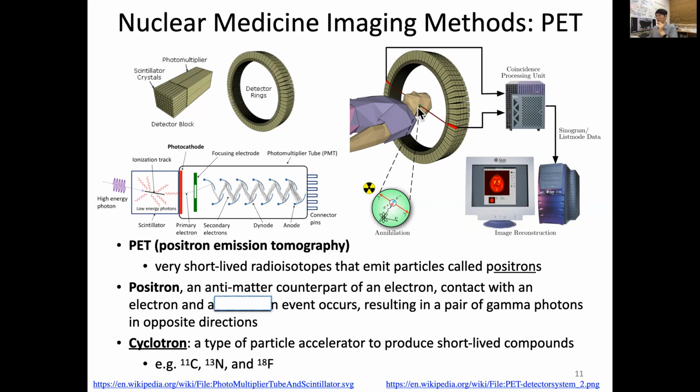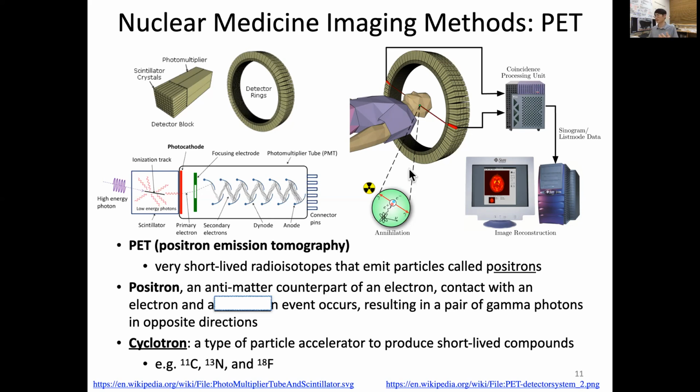By the way, between the start of the positron and the time it hits an electron for annihilation, there's usually about a millimeter difference. So in PET, even if we do a very good job, the resolution cannot be better than a millimeter.